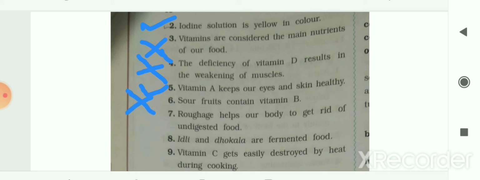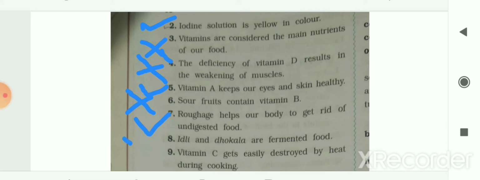The next question, the roughage helps our body to get rid of undigested food. So your answer is true. Roughage helps our body to get rid of undigested food. The next question, idli and dhokla are fermented food.